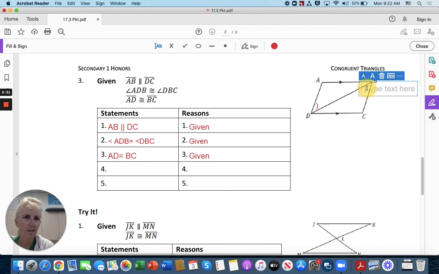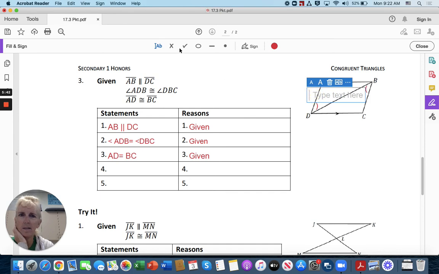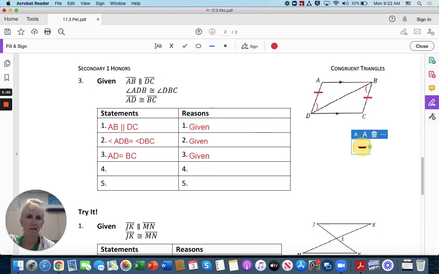So that would be this one up here. Oh, that worked pretty good. So you can see that those two angles are congruent, and AD right here, maybe I can get this, AD is congruent to BC. Okay, so we've done our markings.